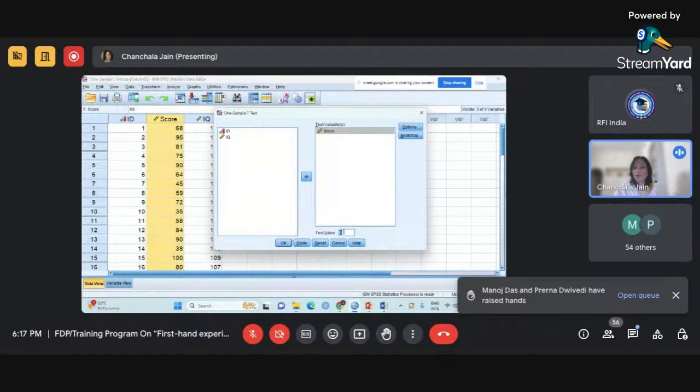Can anyone tell me what this value will be? Any guesses?